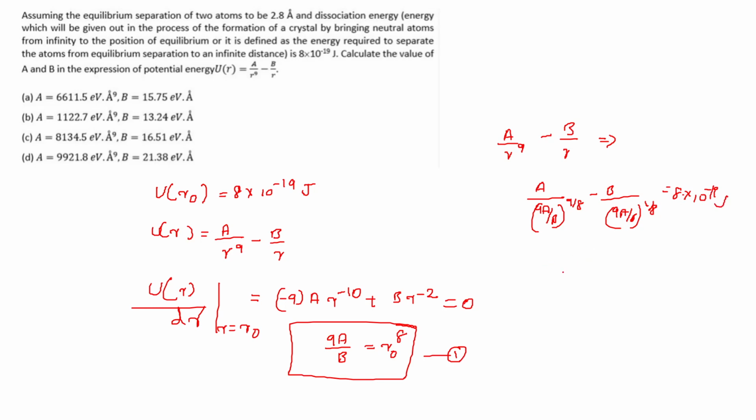If you simplify it, you will get 8B by 9.